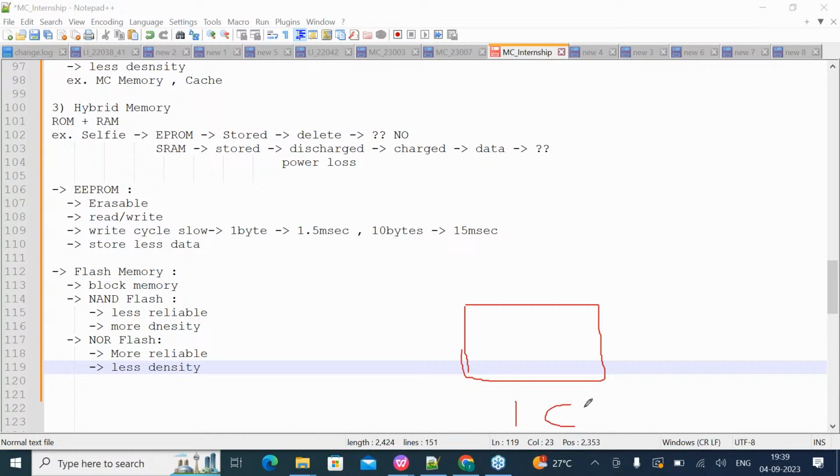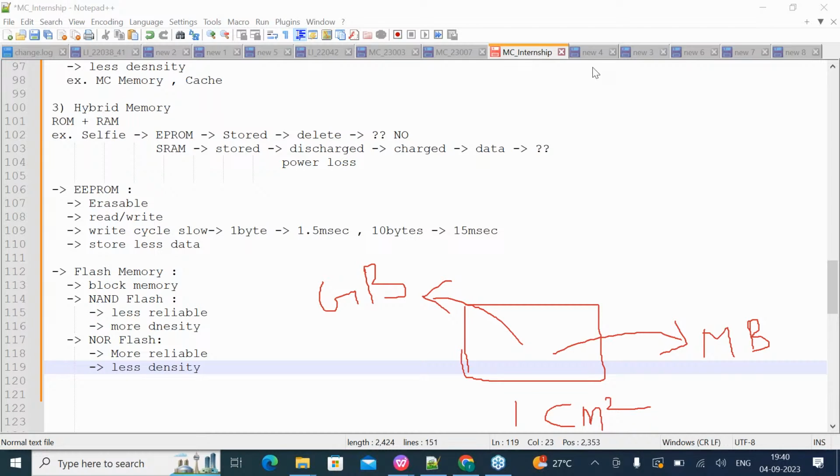If I go with the NOR flash, which is less dense, in this area I can store around a few MBs of data. And if I go with the NAND flash, then within the same area, I can store more bytes, so I can go with GBs of data. That's what density means.